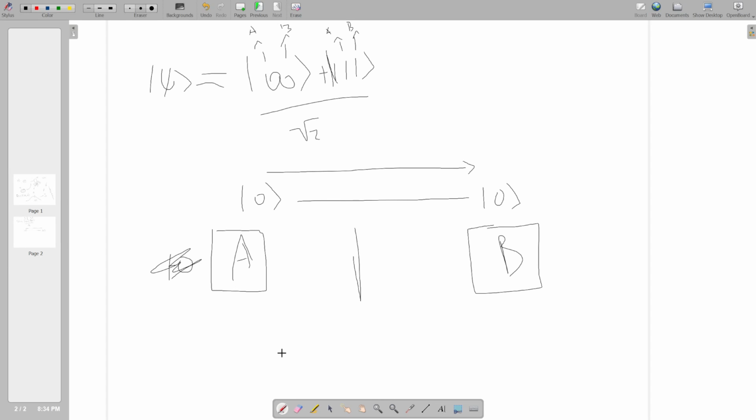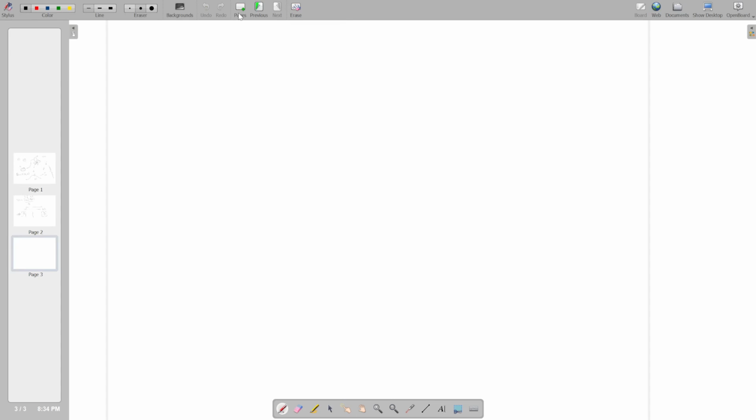This is an experiment I'm pretty sure has been done before. You create this state and separate the particles. We can't do a billion miles in real life, but I think this was recently done by a team in France, separating them by about 49 miles.